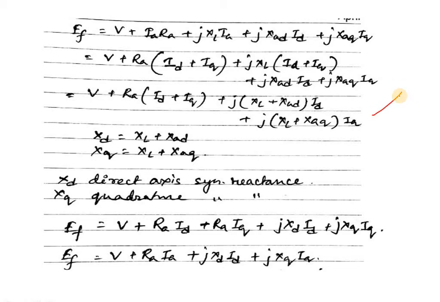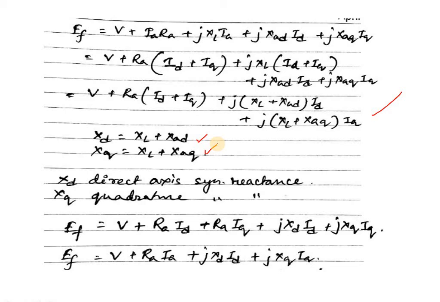So from there we can write that Xd equals Xl plus Xad and Xq equals Xl plus Xaq. So Xd is the direct axis synchronous reactance and Xq is the quadrature axis synchronous reactance.